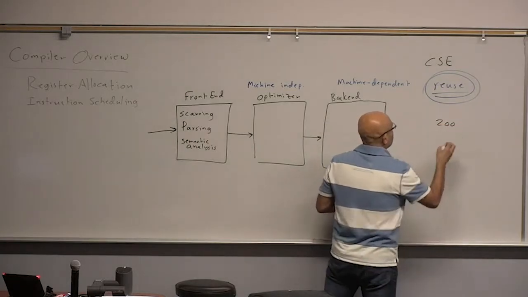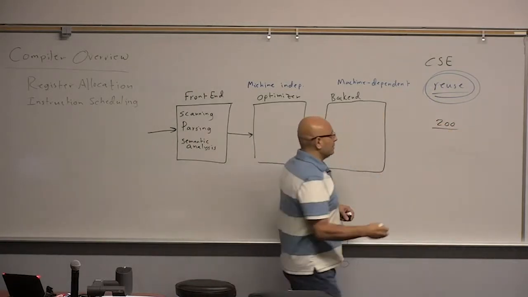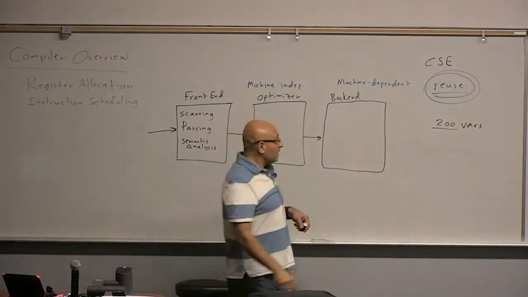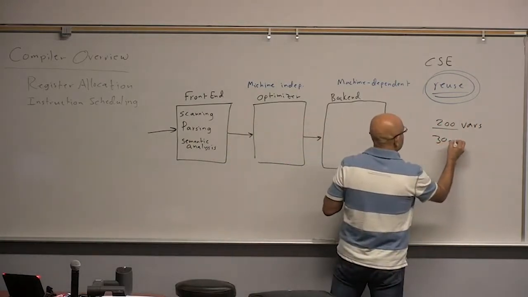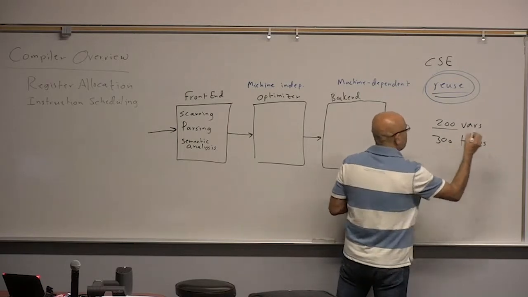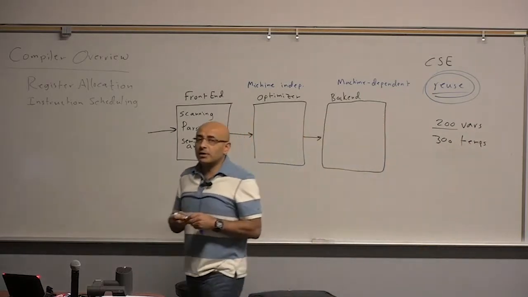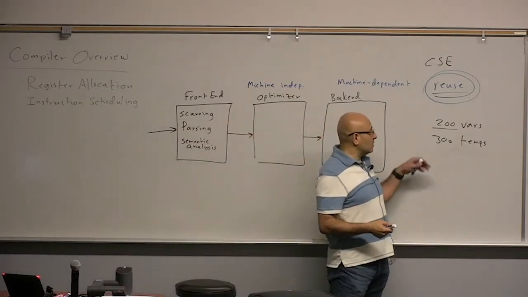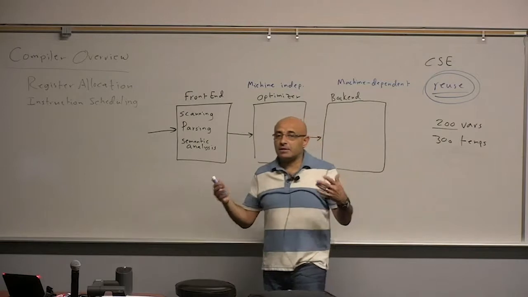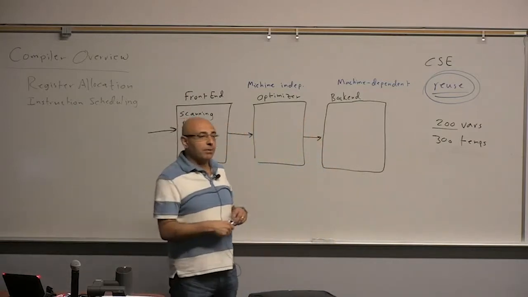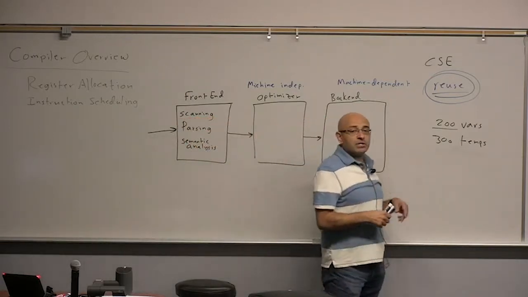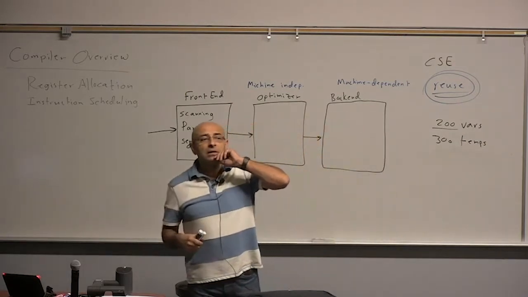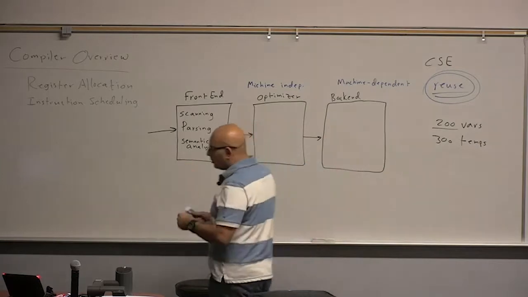There is a limited number of physical registers on the machine, and if you have 200 different variables in your function, 200 variables, and you have 300 temporaries, why do you think that the generated code will have temporaries? So there are the original variables that are in the source program, and there are temporaries that the compiler will generate. Why do you think those would? You got to swap in and out of registers? Not necessarily. So let's look at our example.